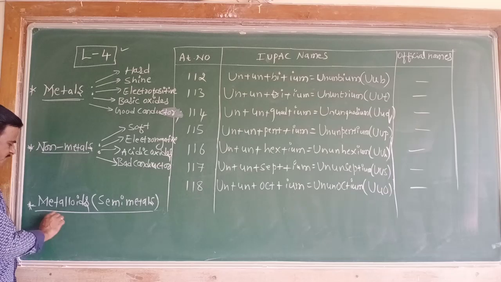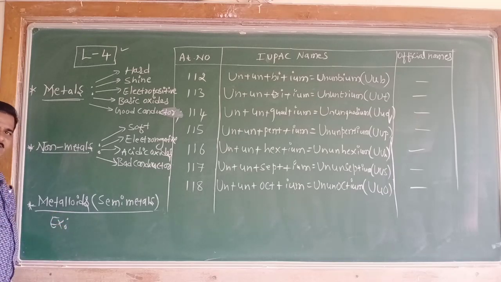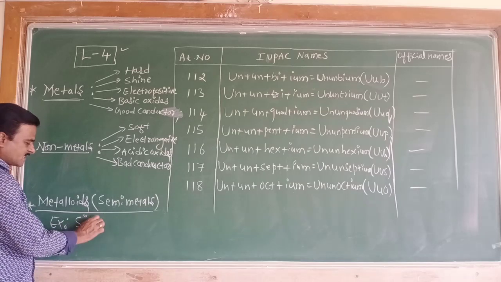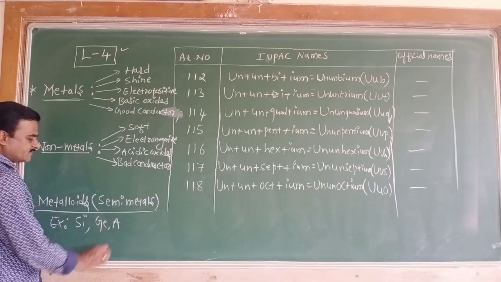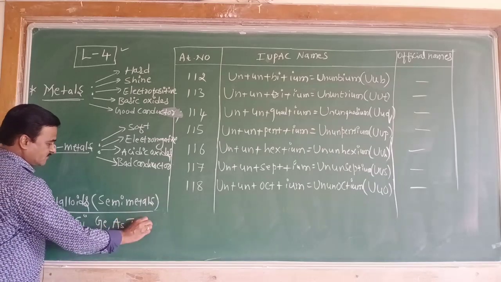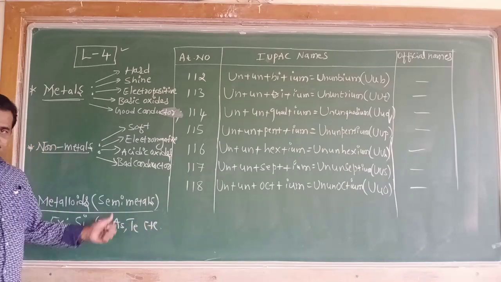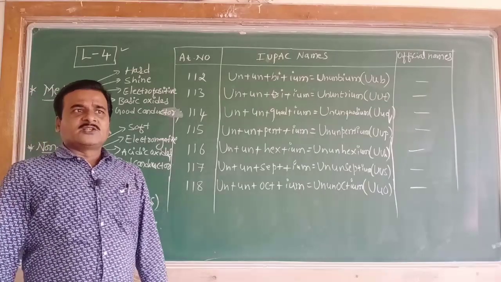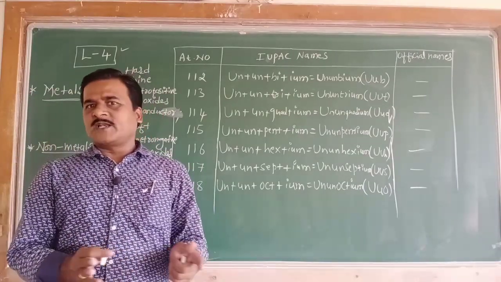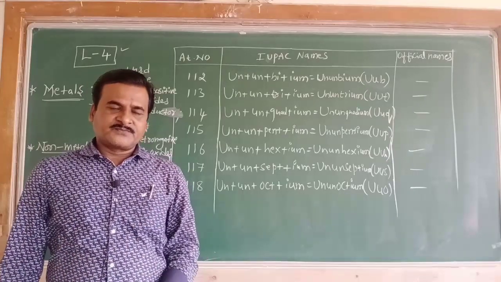Most of them are placed in the P block. For example, silicon is a metalloid, as are germanium, arsenic, tellurium, etc. These show the properties of both metals and non-metals.